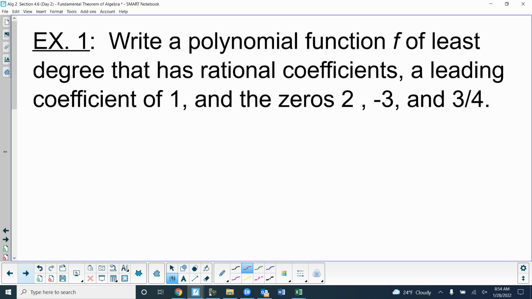It says, write a polynomial function f of least degree that has rational coefficients, a leading coefficient of 1 and zeros of 2, -3, and 3/4. Okay, the way we start these, and once I do this, maybe this will come back to you. We start these, we have to write the factors of the zeros. So I always start as x minus.